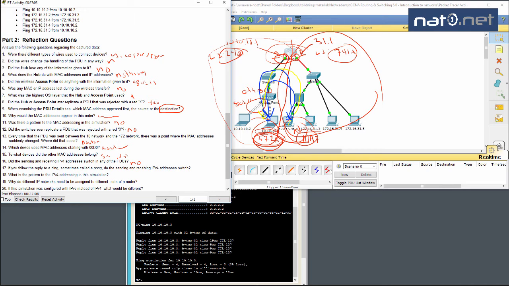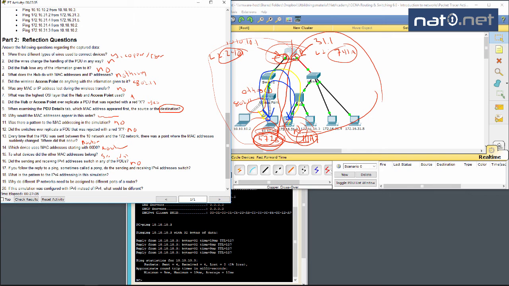What is the pattern to the IPv4 addressing in the simulation? That's a strange question. Actually, if I got this question without the key that I have, I would have no idea what to answer. It's a really open question.